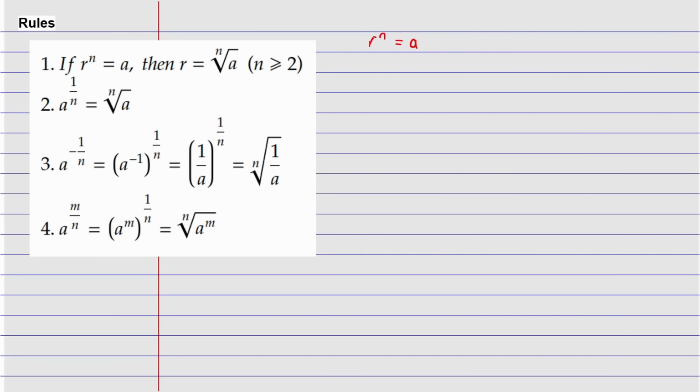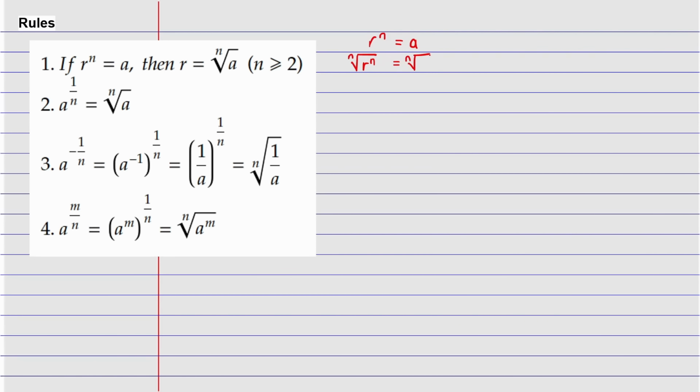So now we want to get rid of this exponent. How do we get rid of it? We're going to take the root of both sides. The reason is that it's to the power n, so the root that we are introducing needs to match the exponent. So this is r to the power n, under an nth root, is equal to the nth root of a, introduced on both sides.